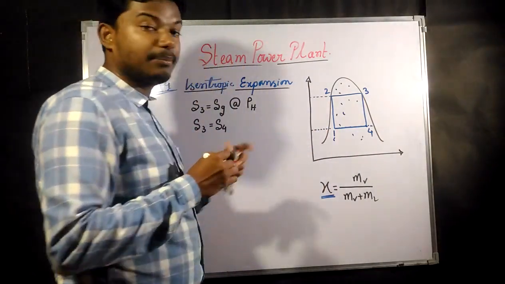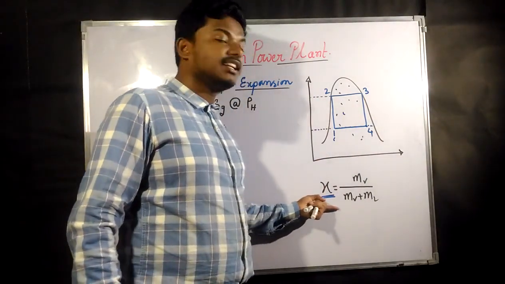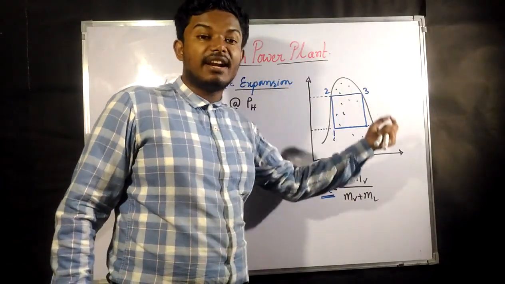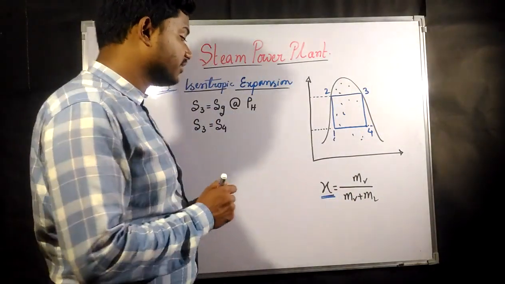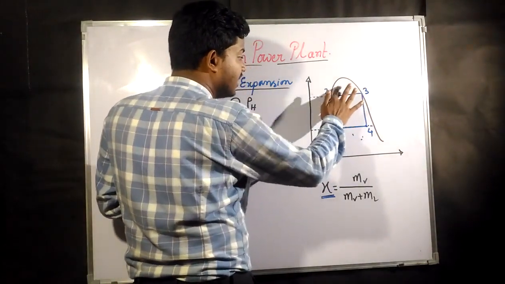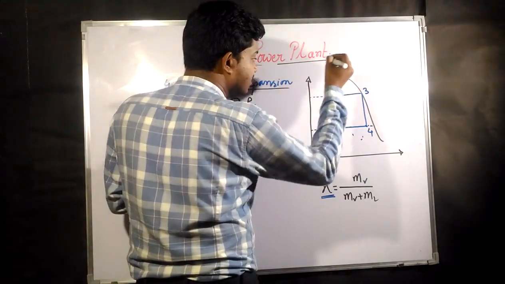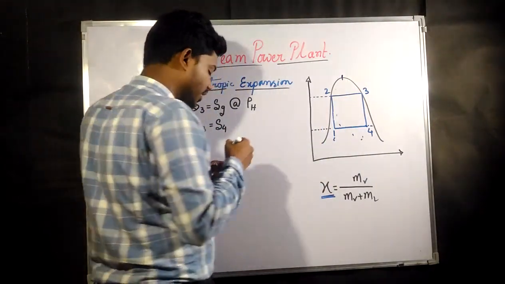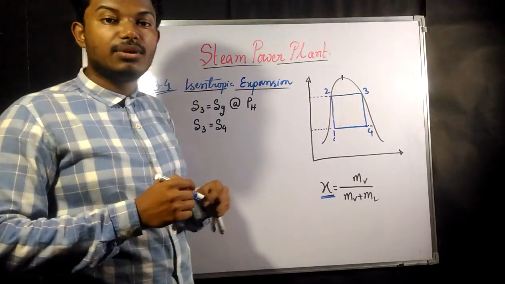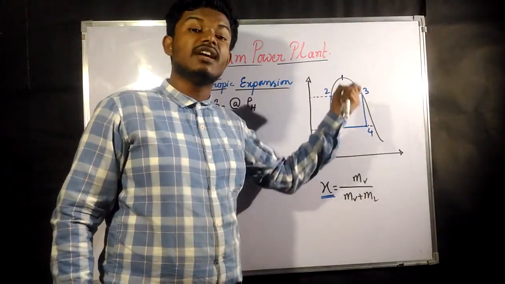Now the dryness fraction is going to have different values for different points in the TS diagram, inside the vapor dome. For example, as we said, on the left line, if you take this point, the left side of it is nothing but the saturated liquid line. Saturated liquid line means this is on the verge of evaporation.